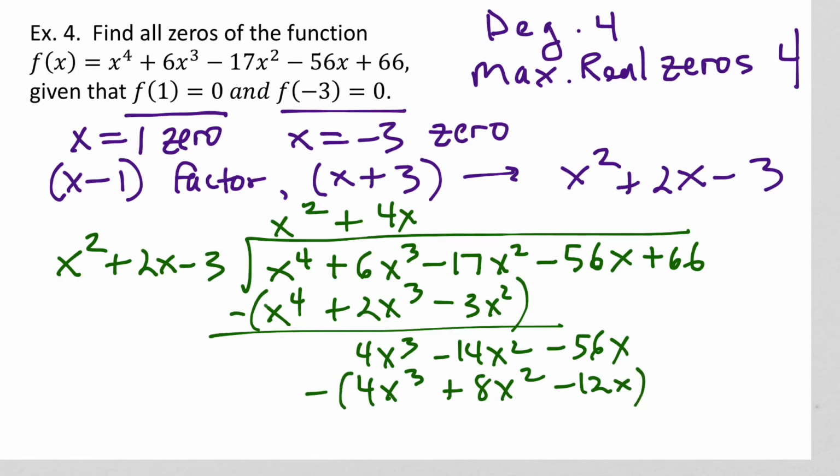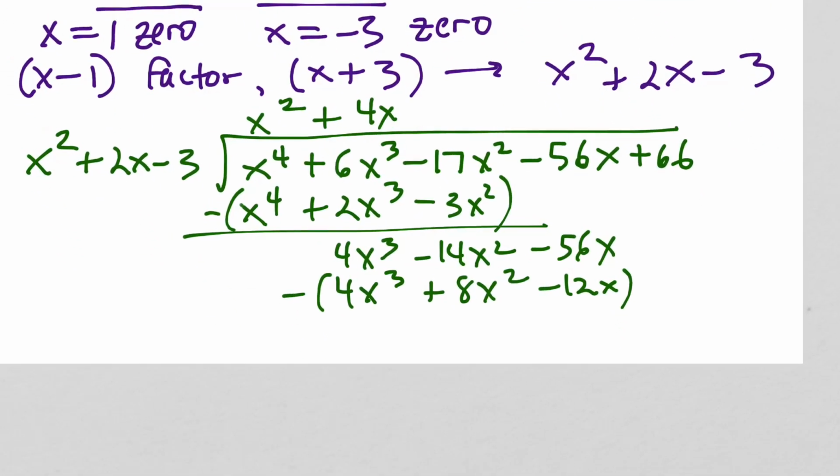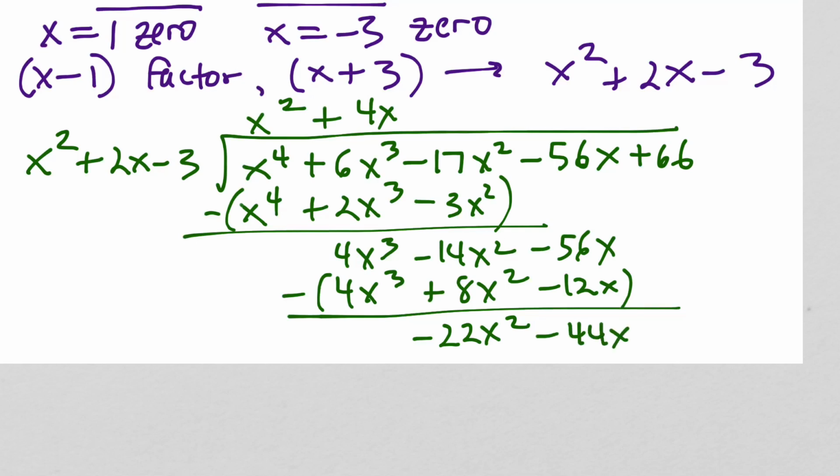Subtract. So this is 0. Negative 14 minus 8 is negative 22x squared. Negative 56 plus 12 is negative 44x. Bring down the 66.